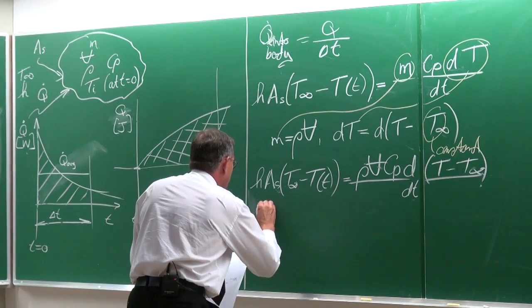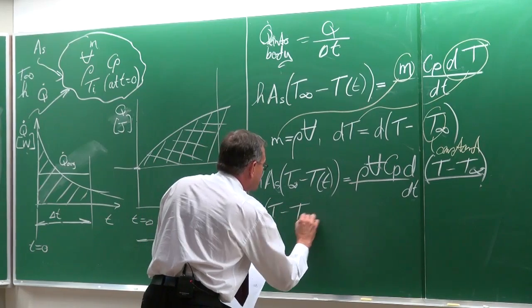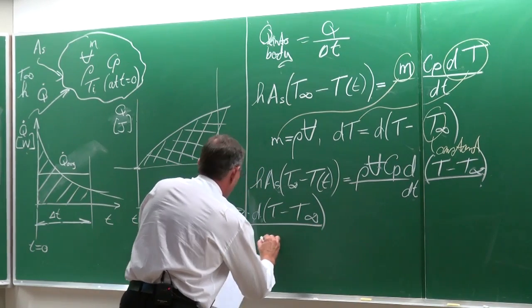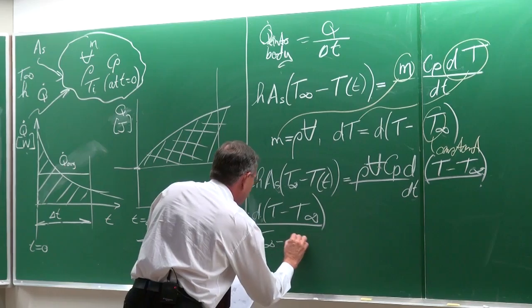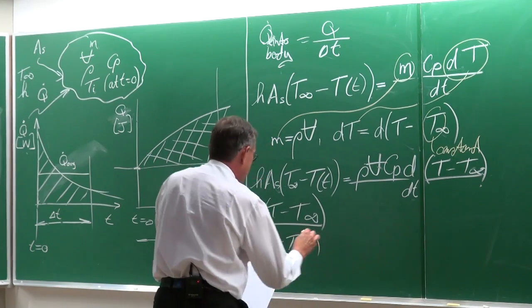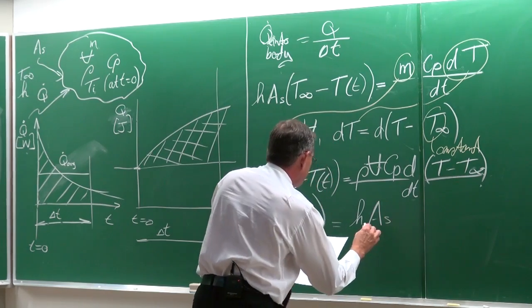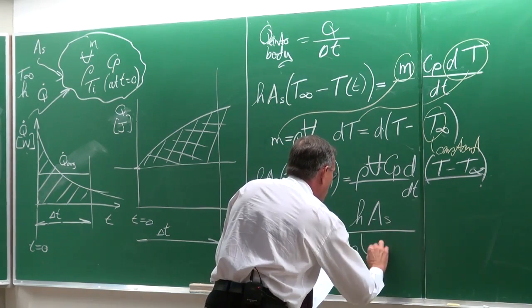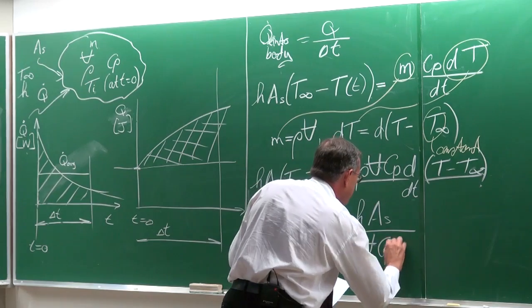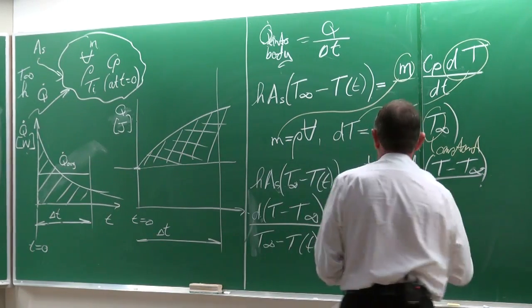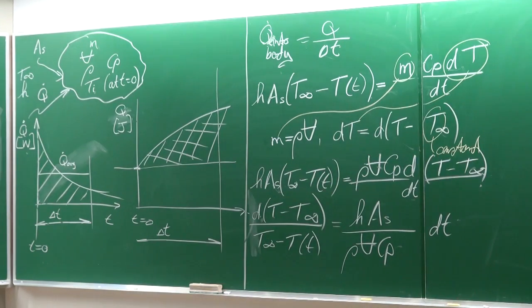That is then d(T minus T infinite) divided by T infinite minus the temperature as function of time, is equal to the heat transfer coefficient multiplied by the surface area divided by rho, the volume, Cp, and dt. Is that right?